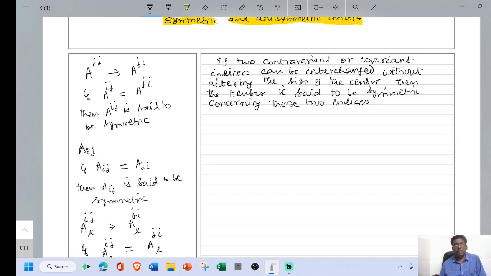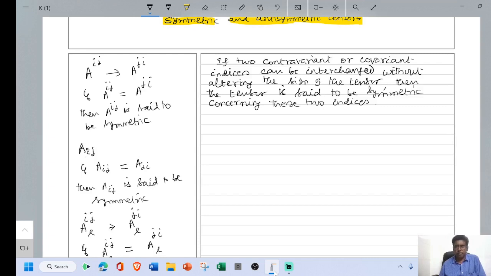The given tensor may be covariant or contravariant. If two contravariant or covariant indices can be interchanged without altering the sign of the tensor, then the tensor is said to be symmetric with respect to these two indices i and j.